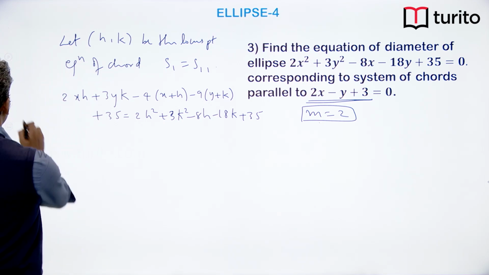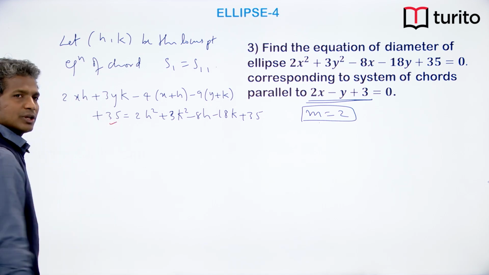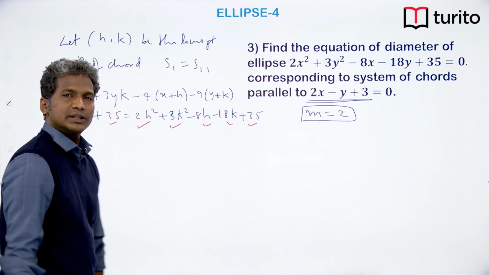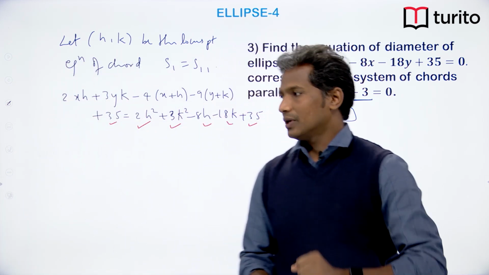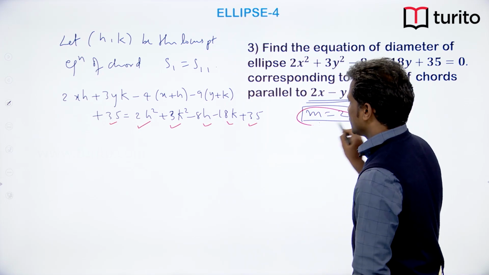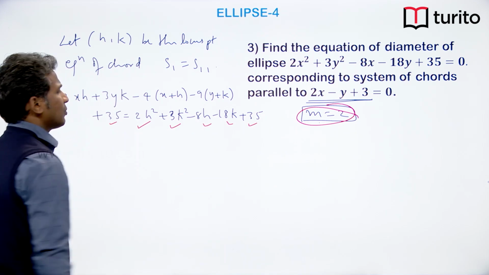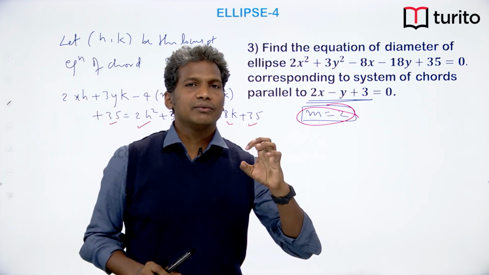Now, if you notice, this term is a constant, this is a constant, all these terms are constants. They will not play any role in our problem because our comparison is only with the slope. We are not interested in these constant terms at all, only in the x term and the y term.